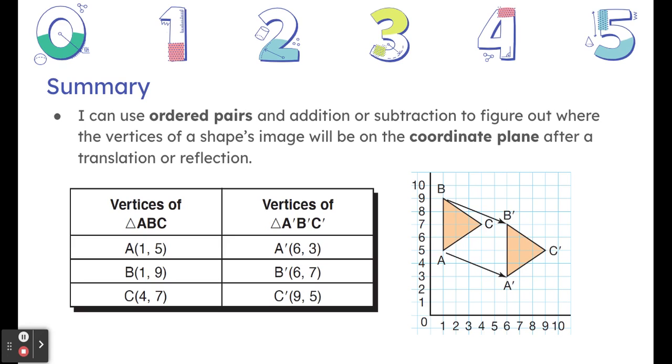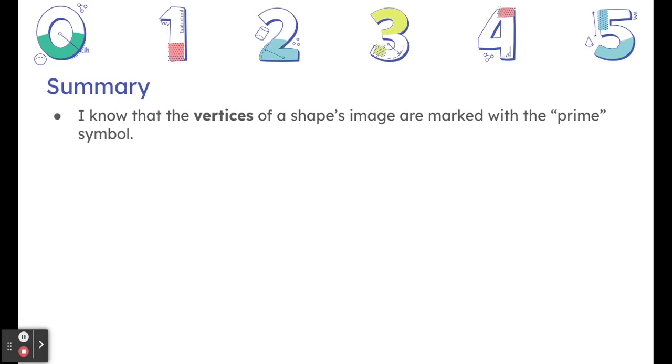And that helped us figure out what all of the ordered pairs were for our translation image of triangle ABC after a translation of 5 units right and 2 units down. Pretty neat trick. I know that the vertices of a shape's image are marked with the prime symbol. For example, the image of quadrilateral ABCD is A prime, B prime, C prime, D prime.